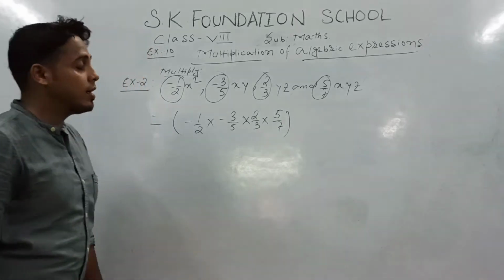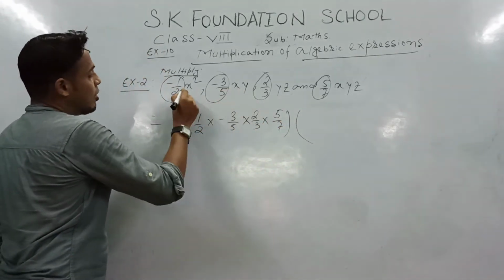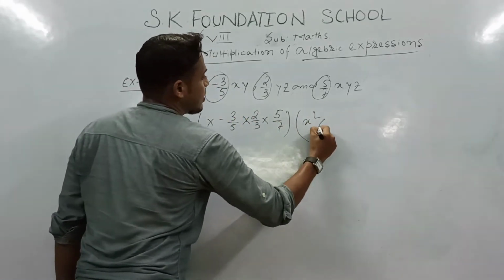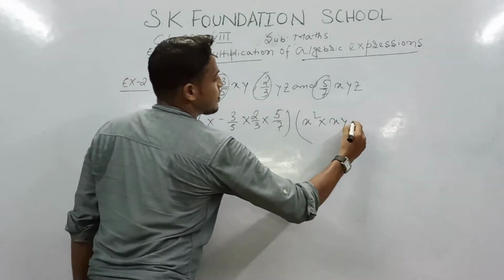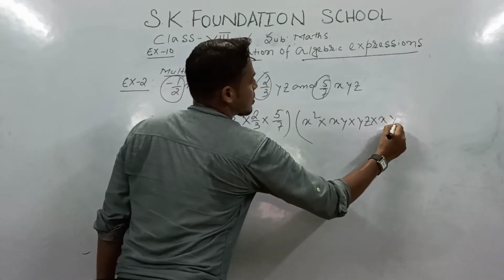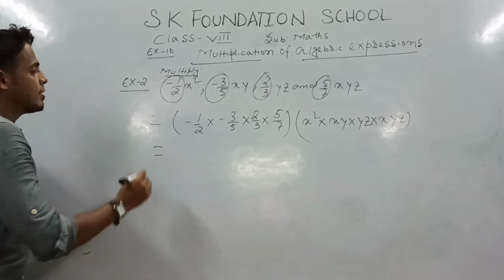Okay, in the same way we are going to multiply all the literal coefficients: x square into xy into yz into xyz. Okay, look at here.